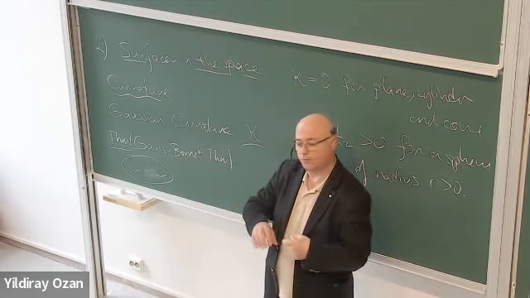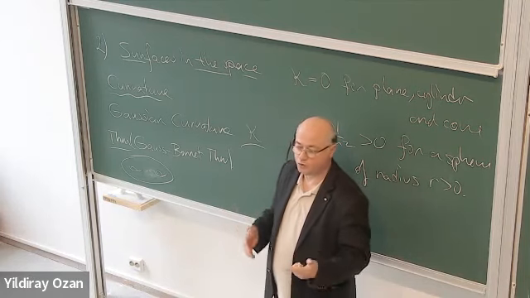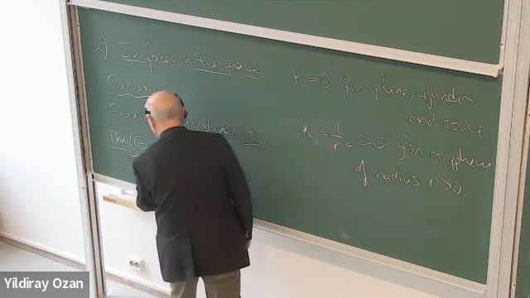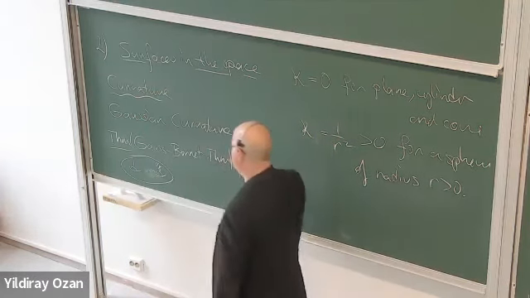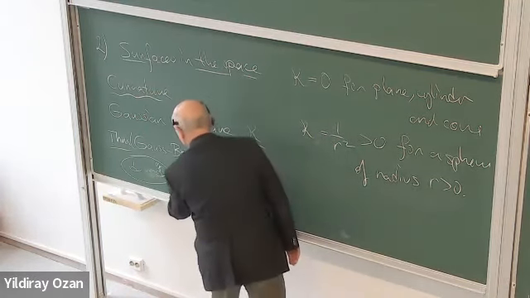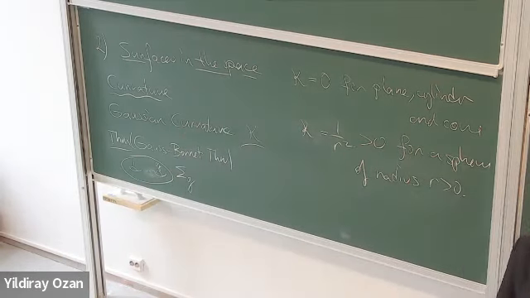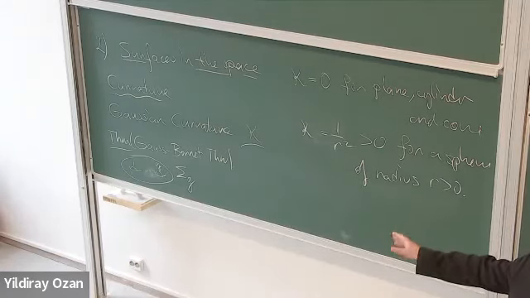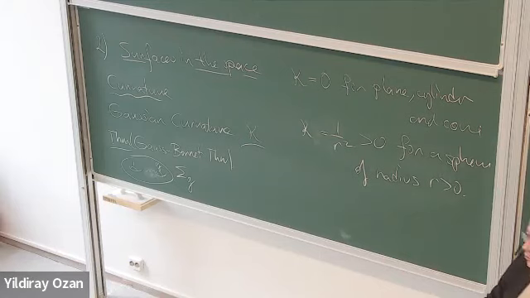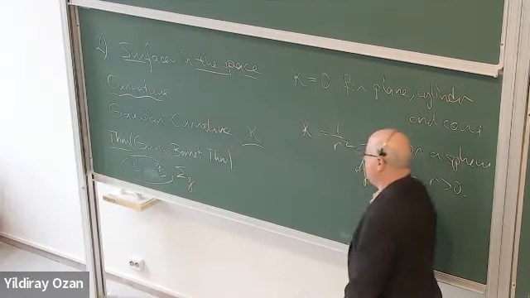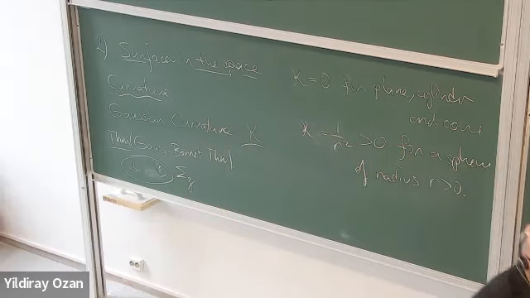If you have more holes, then we call it a surface of genus G. Suppose this is the first hole and the second, and this is the Gth hole. So this is a surface of genus G, an orientable surface of genus G. Okay, you can make this from dough, right? And even cook it and eat it.